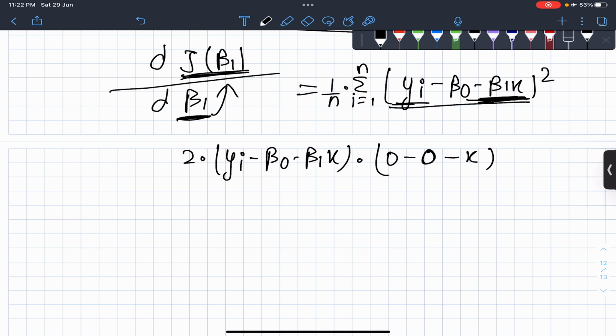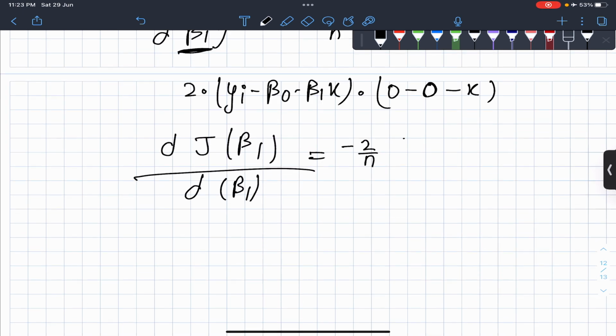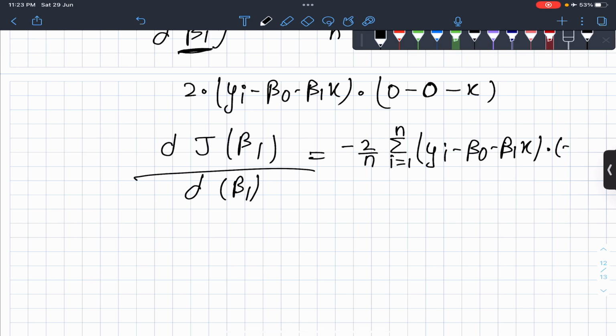So the derivative of this with respect to beta 1 is minus 2 by n, sigma 1 till n, (y_i minus beta 0 minus beta 1x), into minus x_i for every ith value.